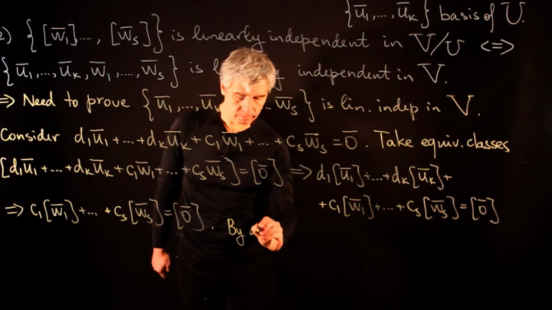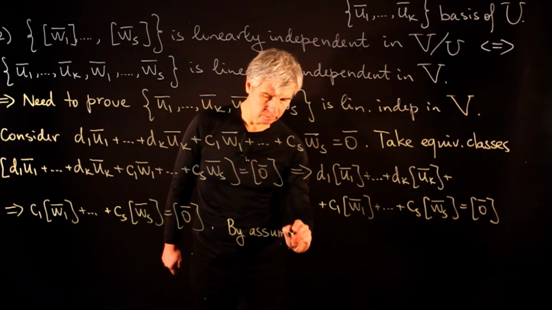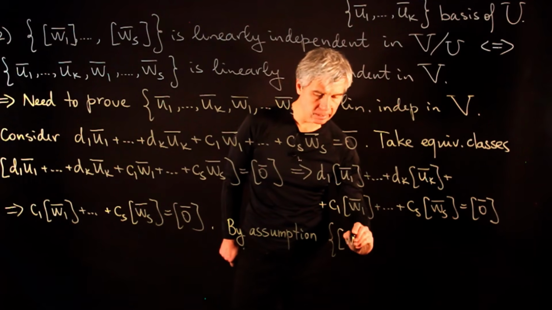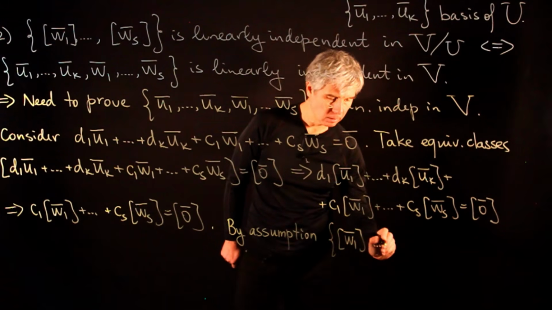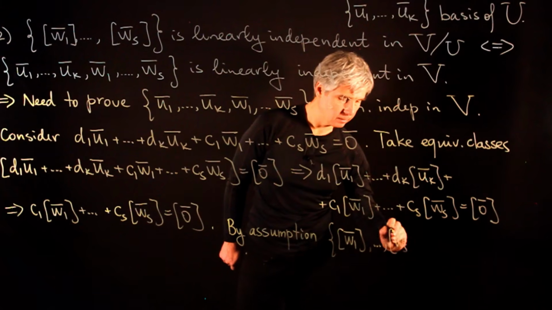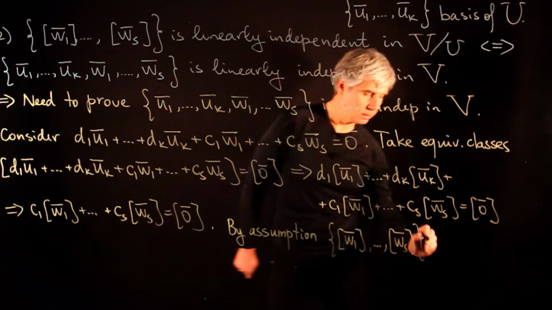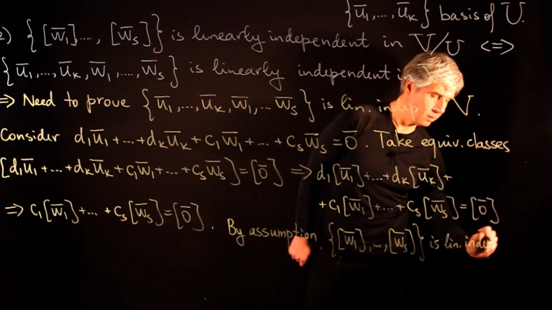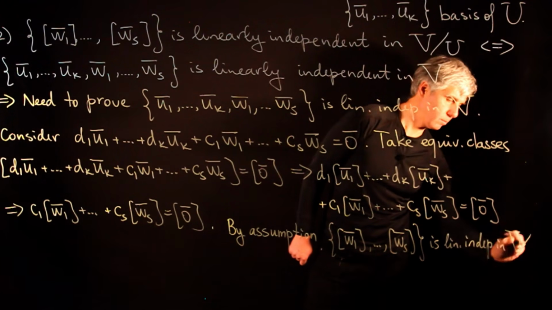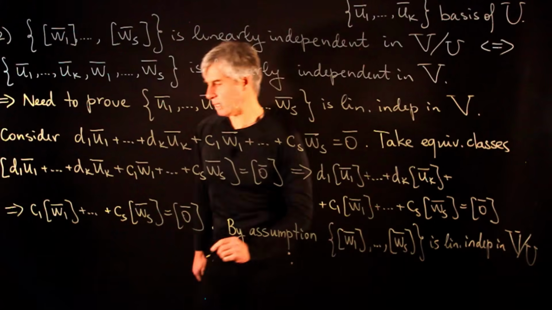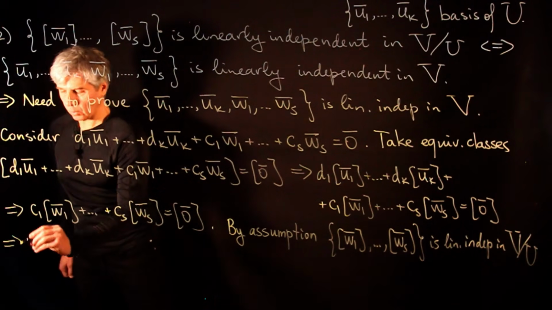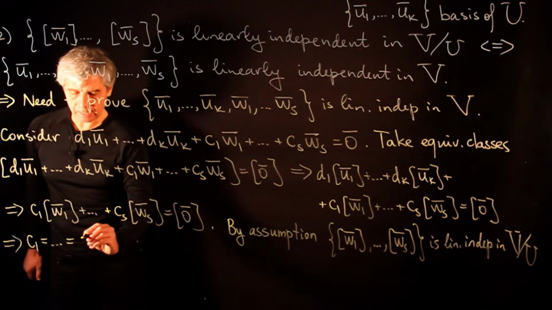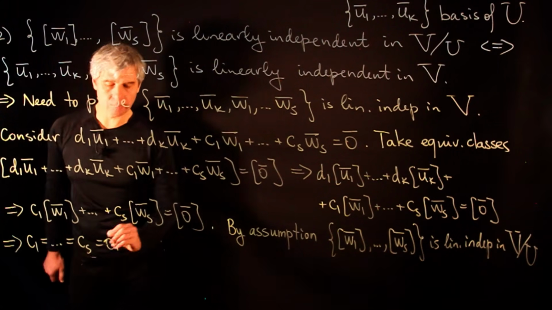By assumption, the set of equivalence classes W1 through Ws is linearly independent in the quotient space. So this tells us that all these coefficients C1 through Cs are equal to 0.